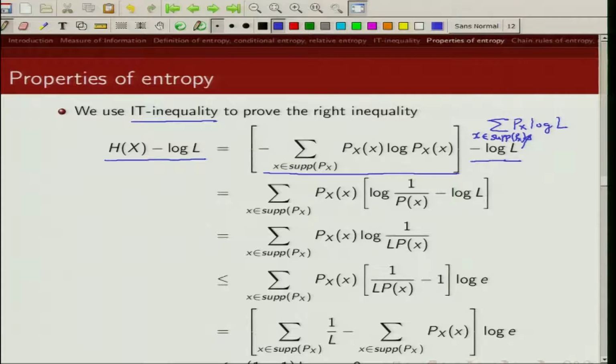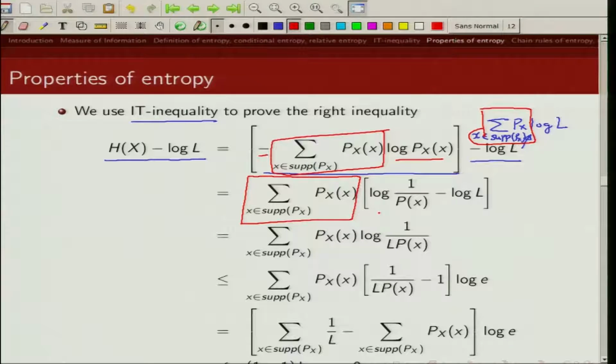So if I write log of L in this particular fashion, you can see this particular term and this particular term have p(x) in common. So I take this term out. Now I have minus log of p of x, that I can write as log of 1 by p of x. So this is how I am writing this, and I have minus log of L, that is this term.